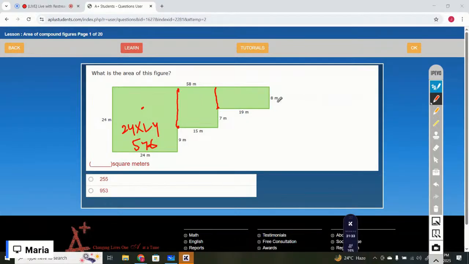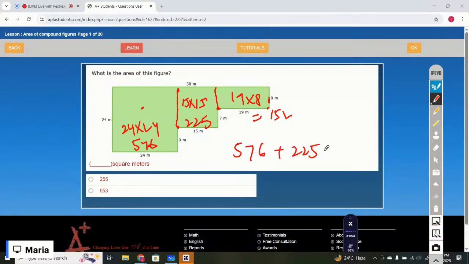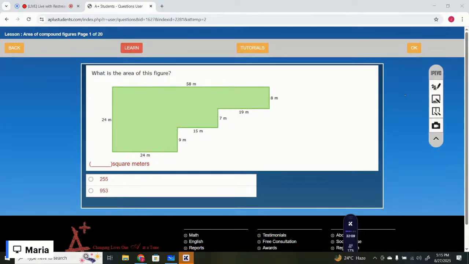So for this one, it would be 15 times 15. That is 225. From here to here, it is 19, and this is 152. So for the whole figure, you need to add the areas. 576 plus 225 plus 152, that is 953. Option number 2 is the correct option, that is 953.